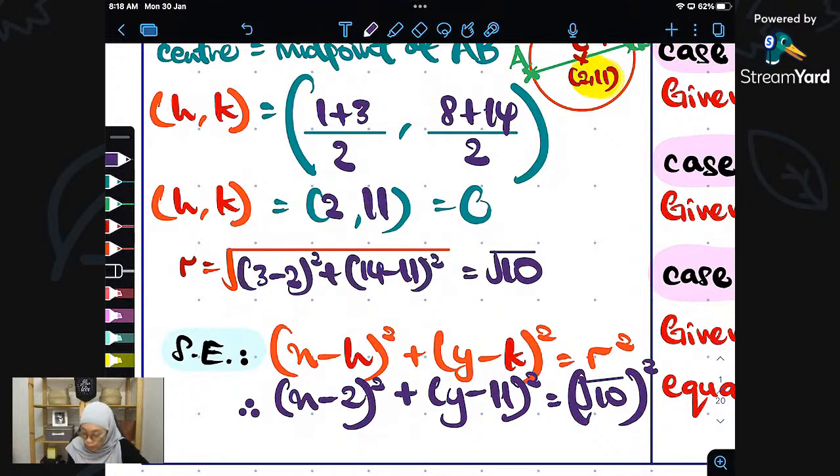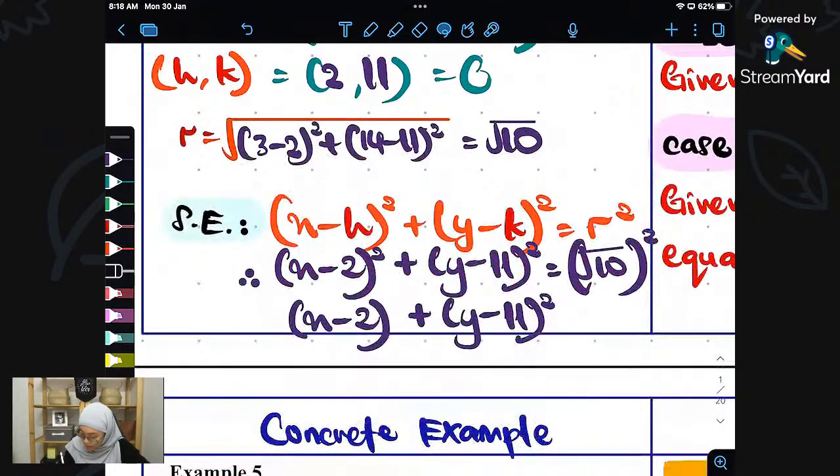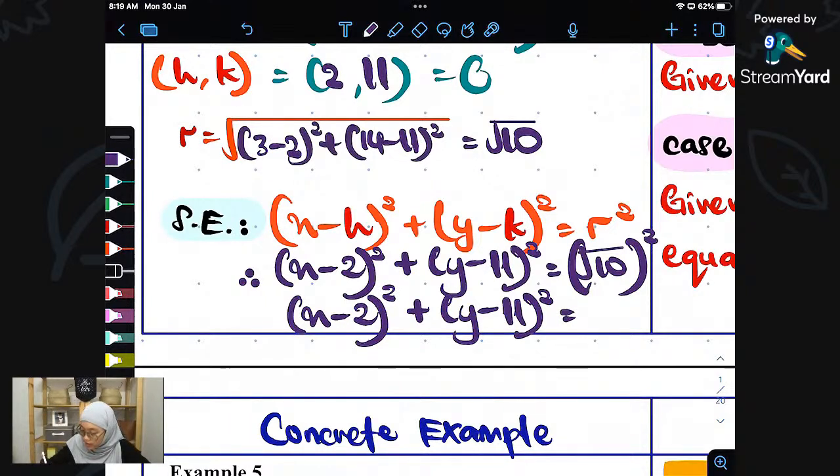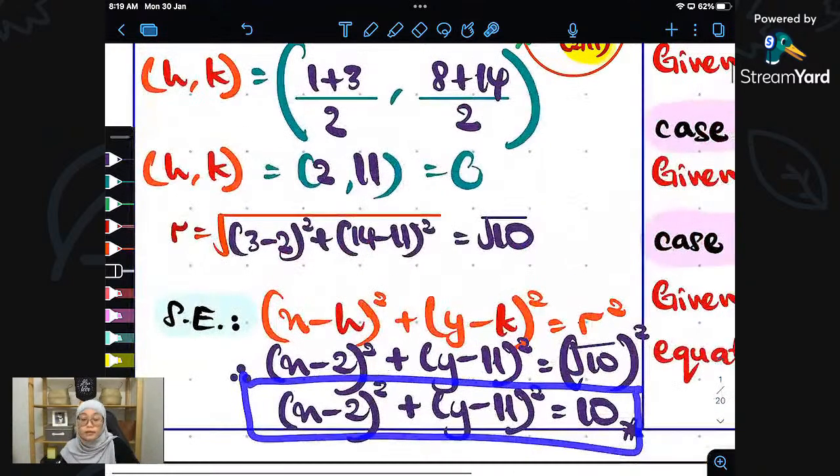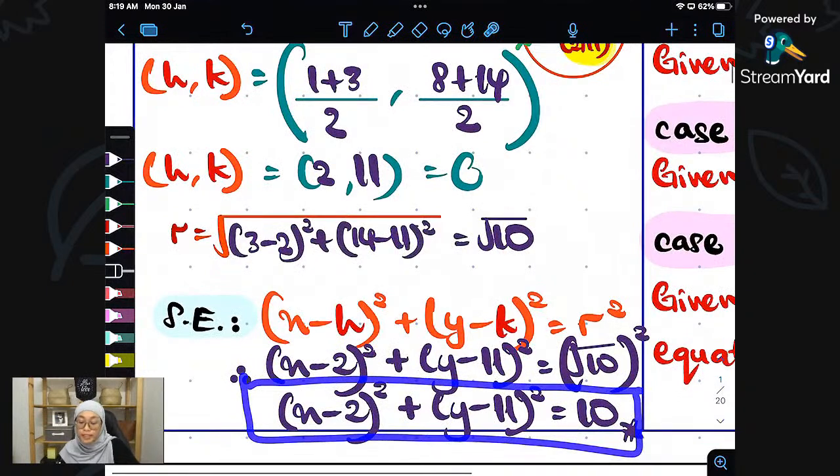Don't forget to put squared because we need to simplify it. In the end, we will get the answer, it is not square root 10, it is just 10. Why? Square root 10 meets squared, the square root will disappear, we will only get 10. Alright, so that is our equation of circle, which has been found here.